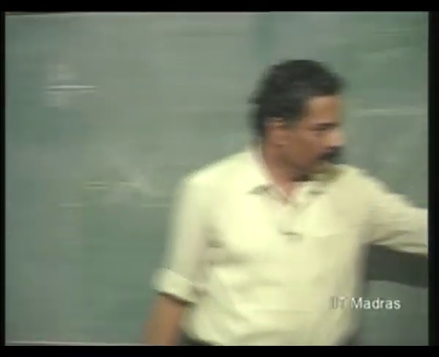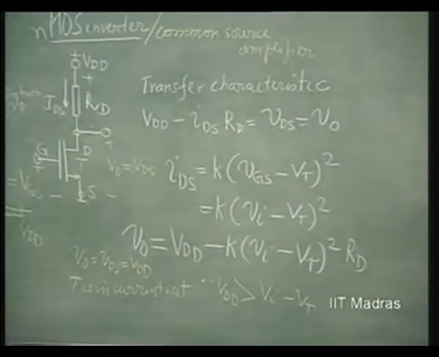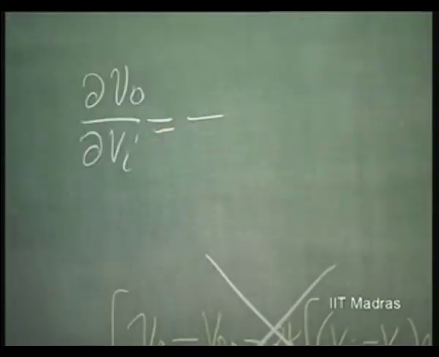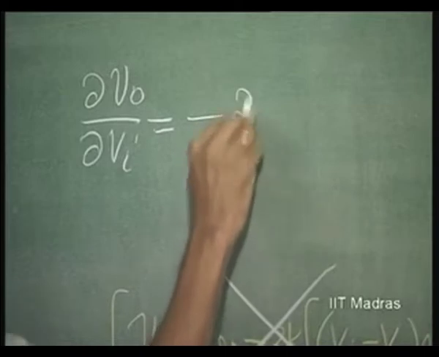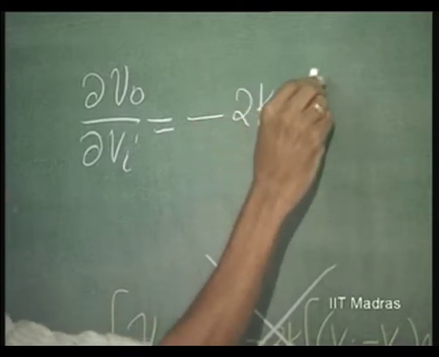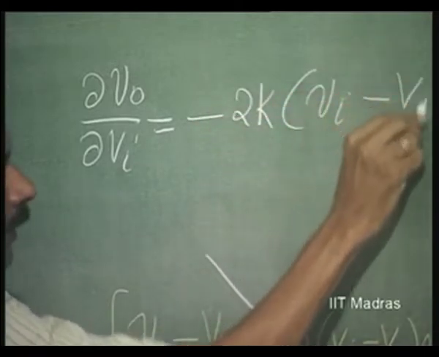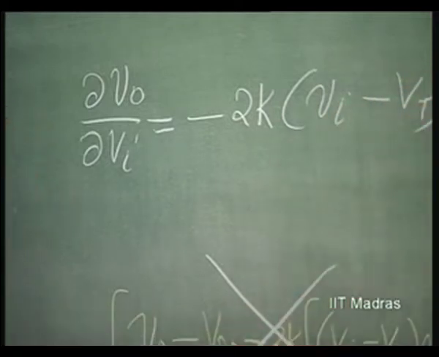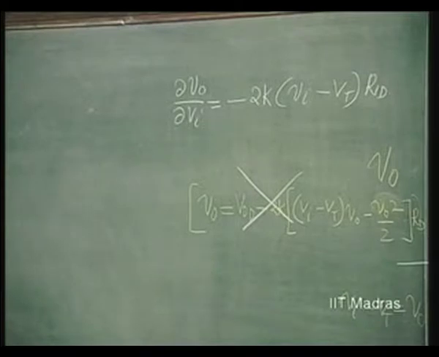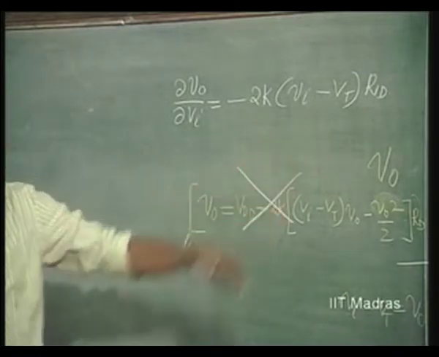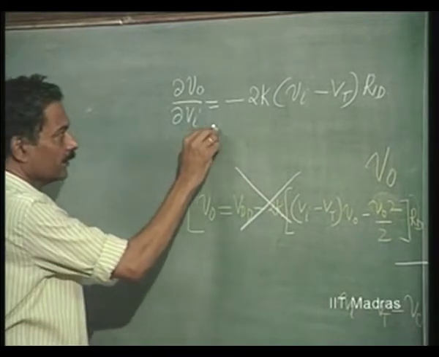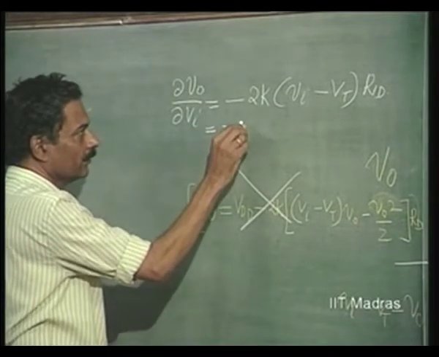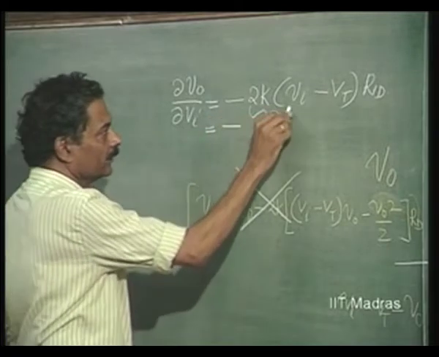Minus 2K into Vi minus Vt into RD. So, this is nothing but the gain of this. What is this factor?